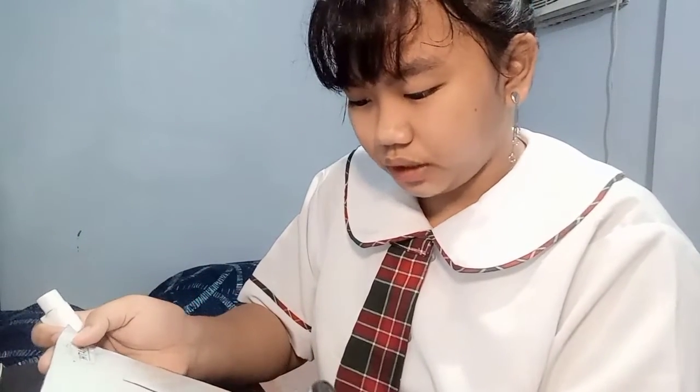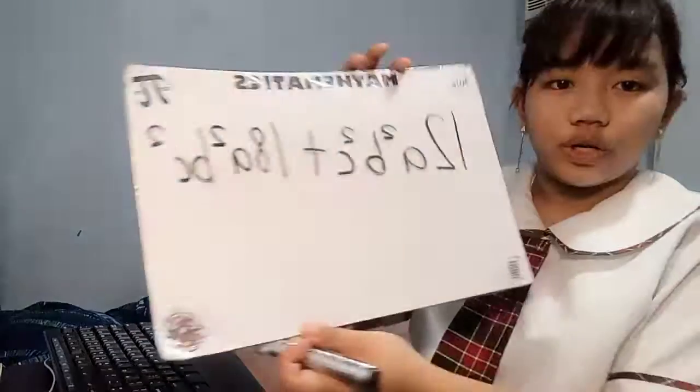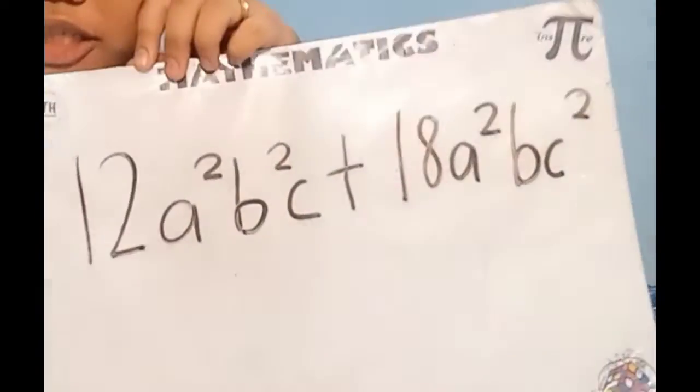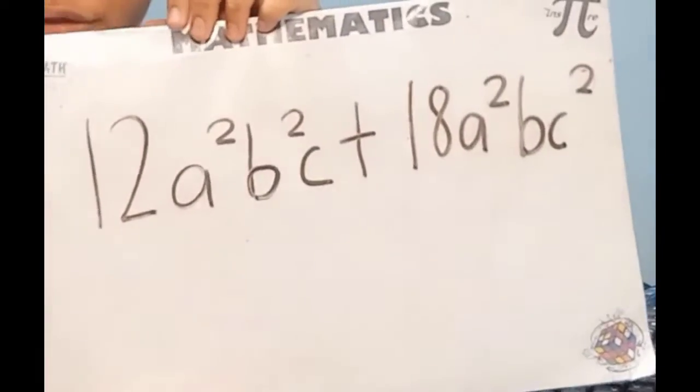Let's go to the next example para mas mabilis. 12a squared b squared c plus 18a squared bc squared. So here is our second example under common monomial factoring.